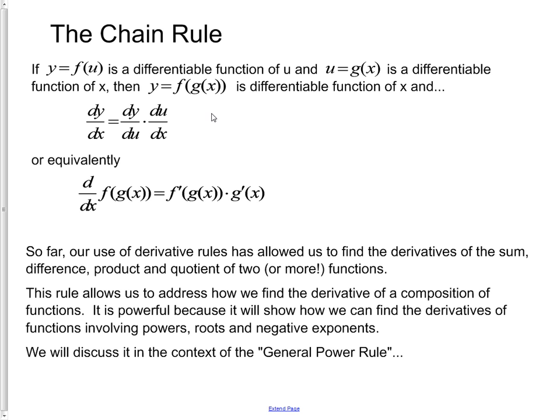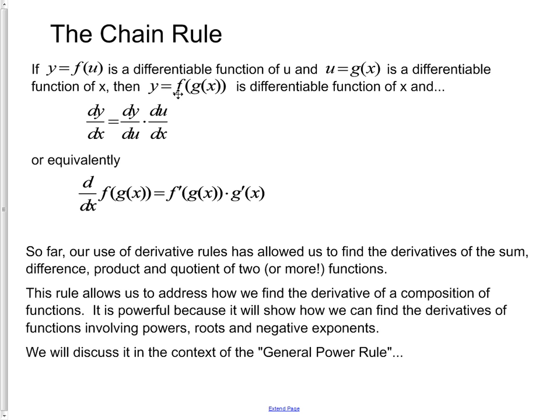The chain rule essentially works like this. Let's say that we have two functions, and we'll call one y equals f of u, where u is just another variable, and u itself is a function g of x, and it's differentiable too.